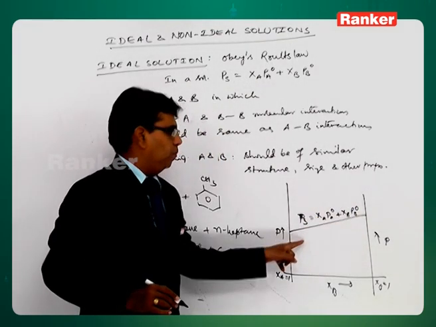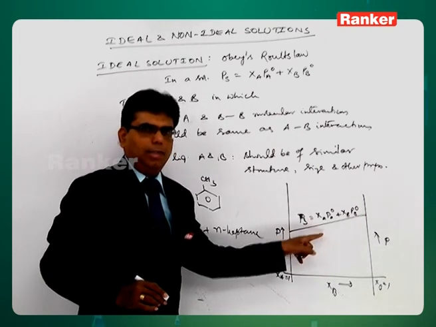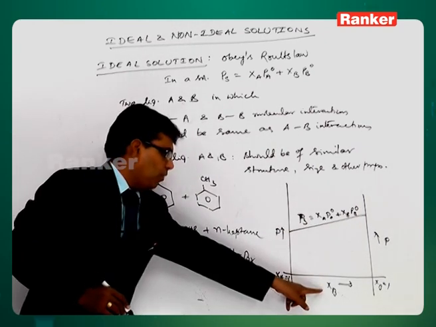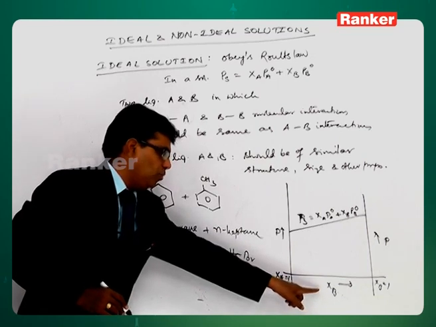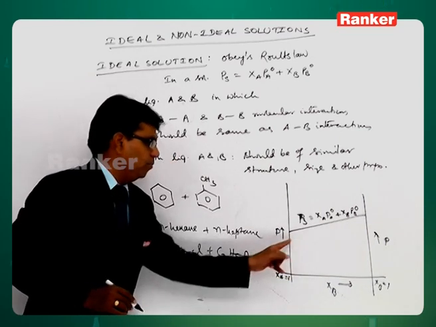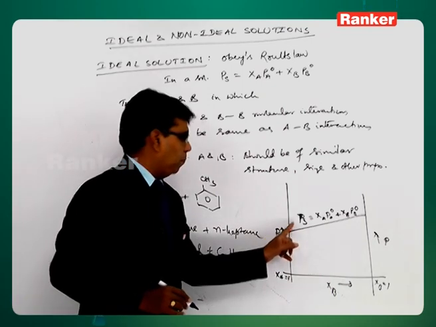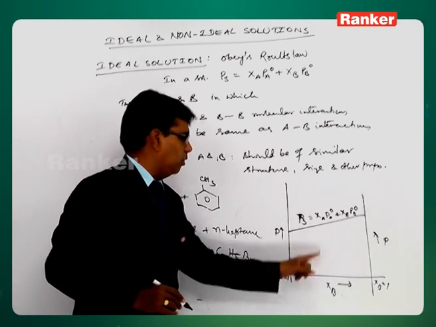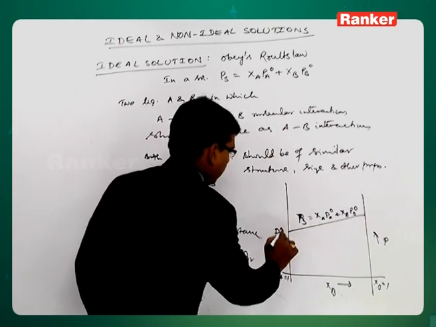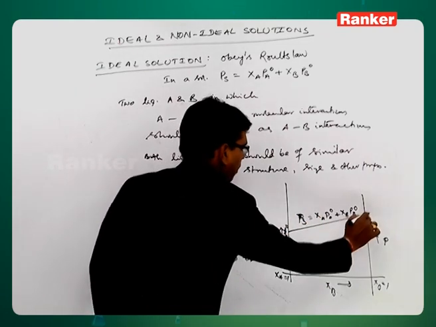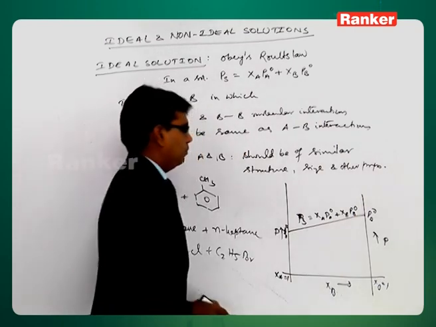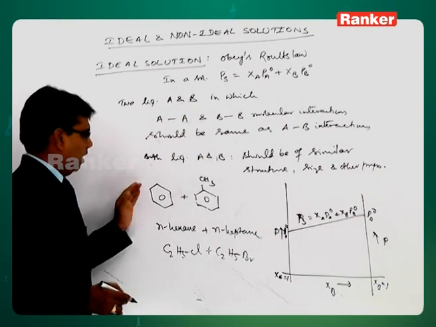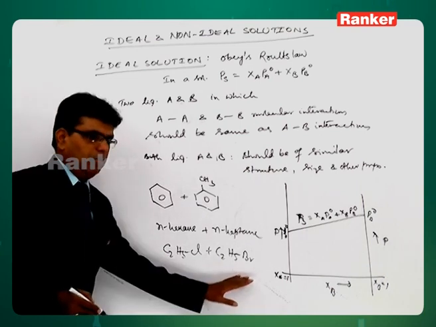This particular pattern, the graph, we get when you draw it for the mole fraction of any one of these liquids against the pressures. The vapor pressure of a mixture of these two liquids at any composition will be in between PA naught and PB naught. This is what we call an ideal solution, and these are a few examples, and like this other examples also we can write.